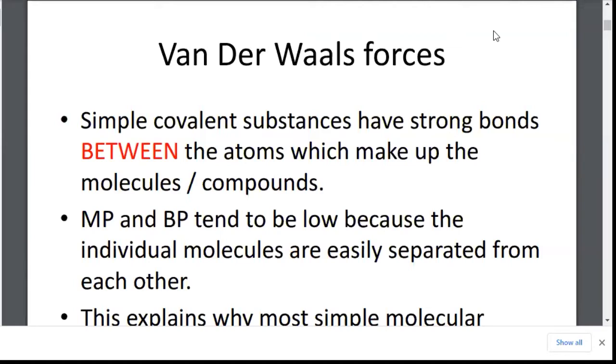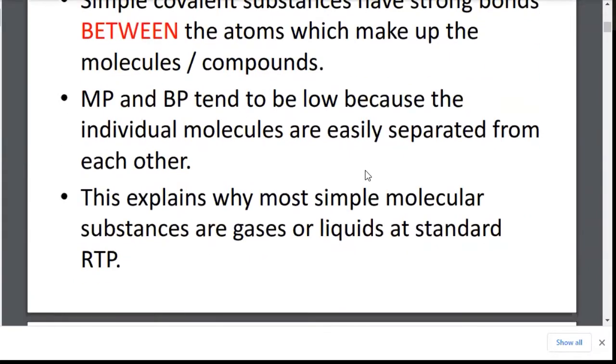Now, that's a little abbreviation here. With these substances, the melting point and the boiling point tend to be low, because the individual molecules that make up the substance are easily separated from each other. This explains why most simple molecular substances are gases and liquids at standard room temperature and pressure, and that means as things are at sea level.